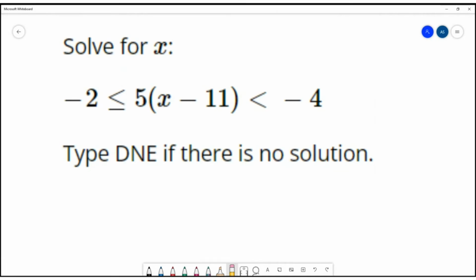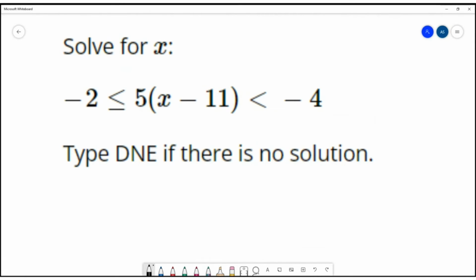But I see something a little bit strange in this compound inequality, and so I included these extra instructions here: type D and E does not exist if there's no solution. So this is something that I'm recognizing right off the bat that seems a little bit off.